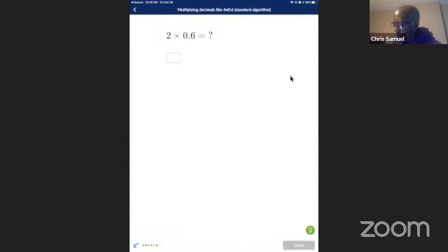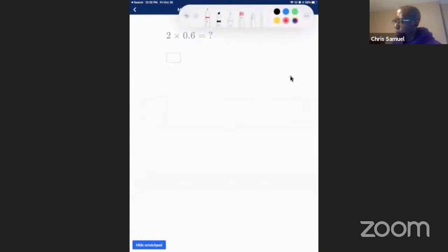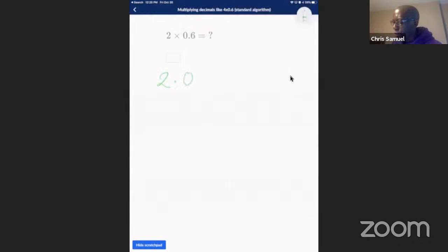All right, so next one we have is 2 times 0.6. And I want to just say 6 times 2 is 12. But I want to actually do the drill. So the drill basically means 6 times 2 is equal to 12.